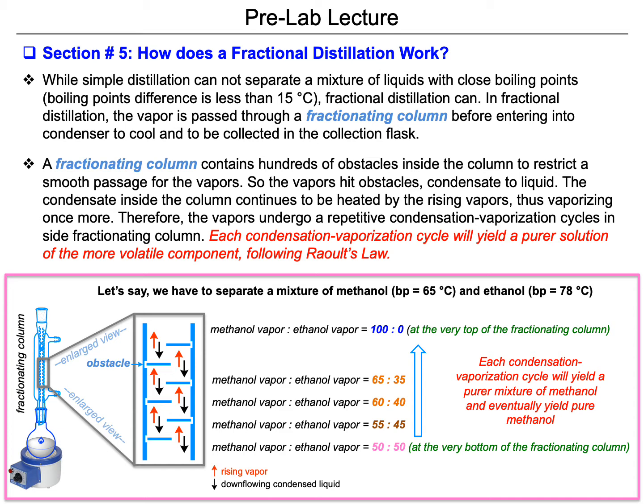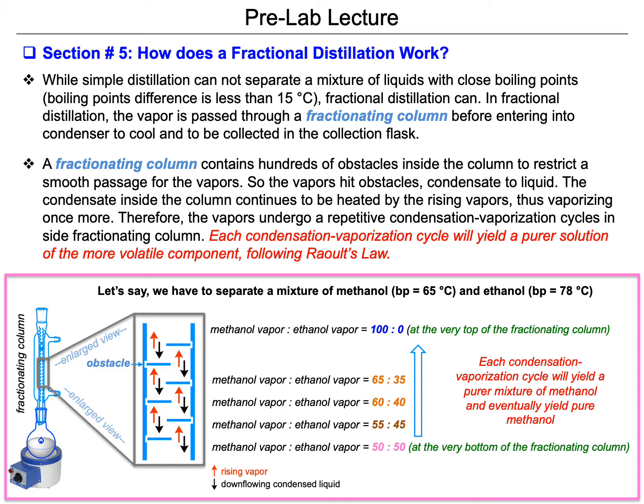So vapor undergoes a cycle of condensation and vaporization inside the fractional column that results in a pure solution of the more volatile compounds, following Raoult's law. So the mechanism of the fractional column is based on Raoult's law. You need to remember that.